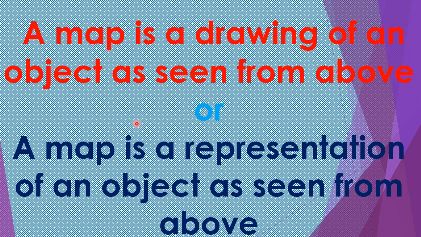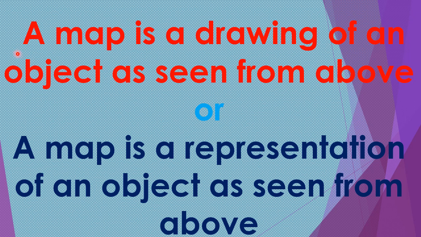That is, if they tell you to talk about a map, to describe a map, if you are told to define a map, if you are told to briefly write about a map, you can say a map is a drawing of an object as seen from above. Can I hear you say it after me?